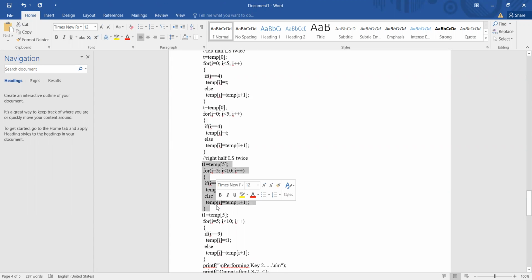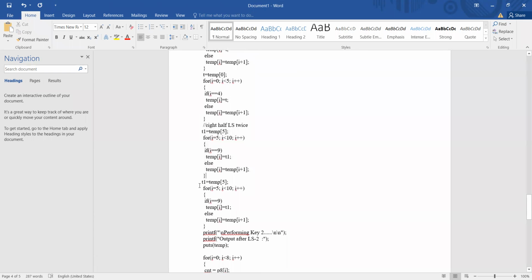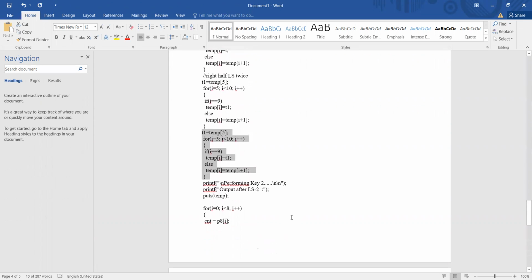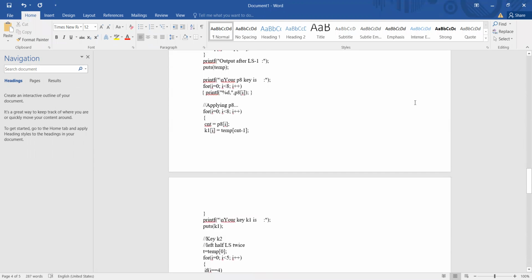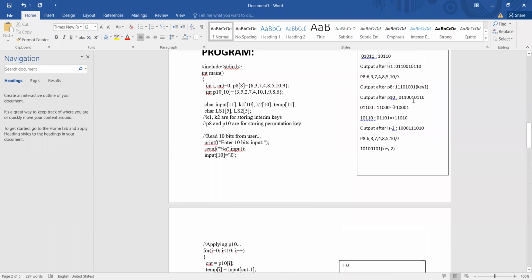This code is for the left shift onto the right side the first time, and this is where we do the left shift onto the right side the second time. Now we obtain a 10 digit number, and we have to rearrange that. This is the output here. After getting out of this loop, the temp value is the output after ls2. This is the output generated at that stage in this program.